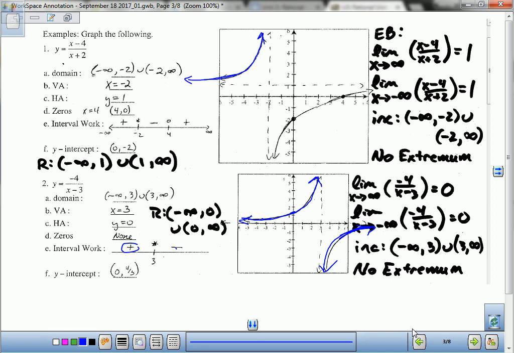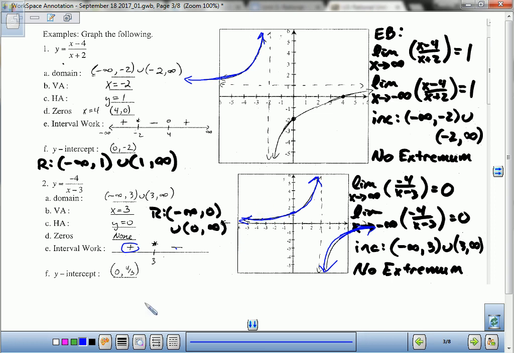When the degree of the numerator is less than the degree of the denominator. In that case, we're not going to have those zeros because y equals 0 is a horizontal asymptote. So some things could happen there, and we'll take a look at that. But if it's 0 over 2, then the intercept is (0, 0).